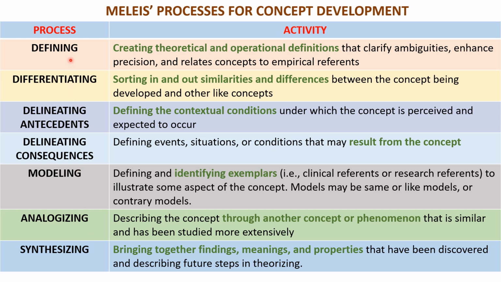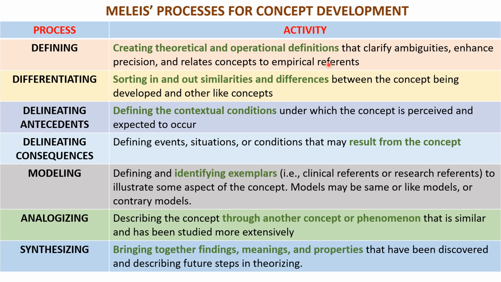The first step, defining of a concept, is creating theoretical and operational definitions for the concept that clarify the ambiguities, enhance the precision of the concept and relate the concept to empirical reference.